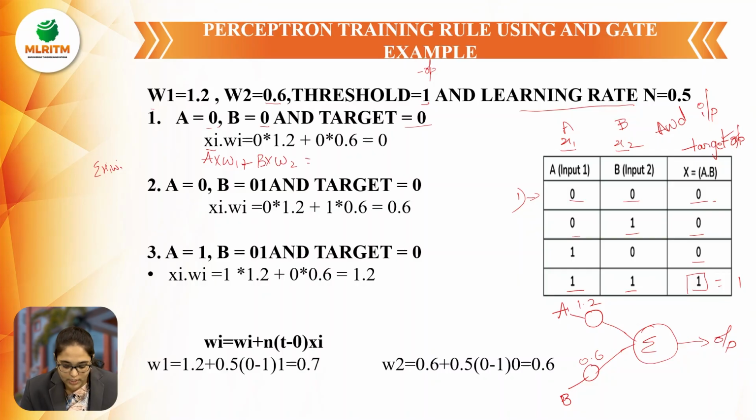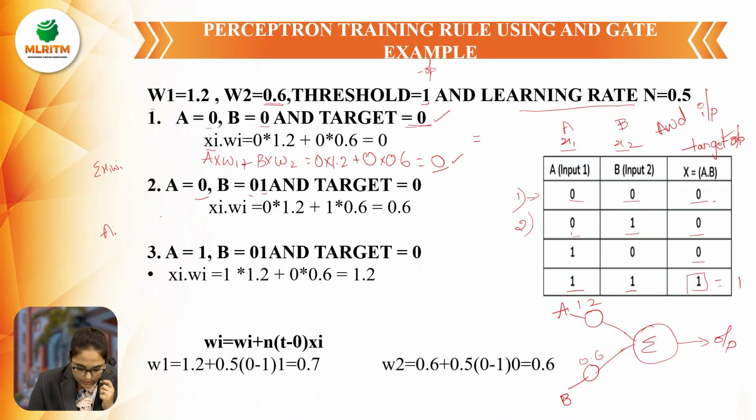Now substitute the values: the a input value is 0 into the w1 value 1.2, plus the b input value 0 into the w2 value 0.6. 0 into anything is 0. So the actual output we got is 0, and the target output should also be 0. So here the targeted output and actual output are equal, both are the same. Next we'll move to the next input value, 0 and 1, where a equals 0 and b equals 1.